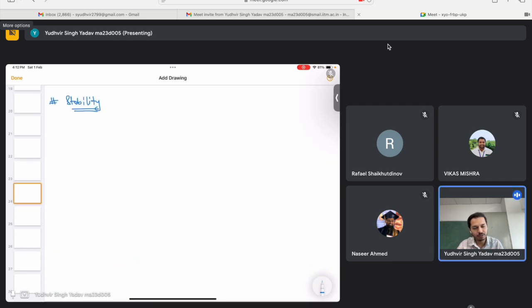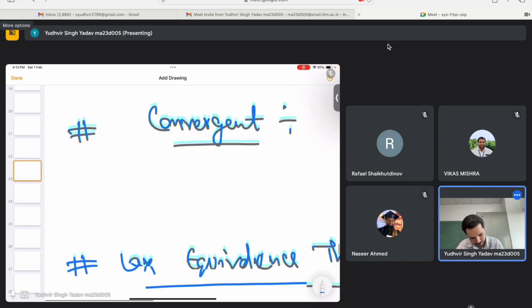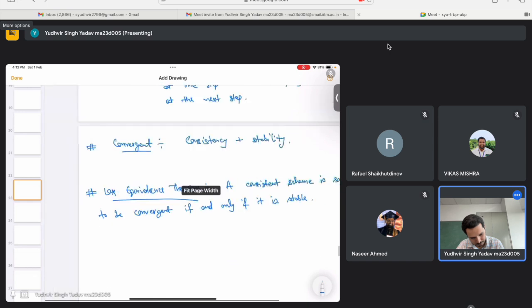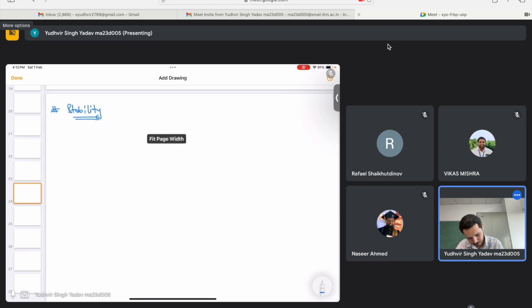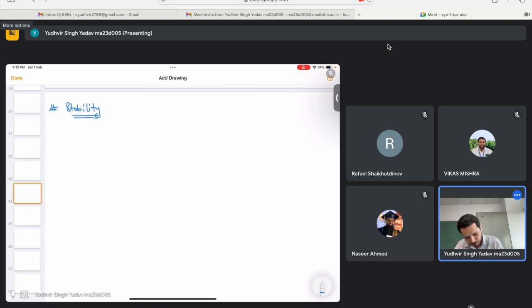So for stability, we will use the von Neumann stability analysis, where we consider the solution of the form U(p,q). It is the same as U(i,j), but for clarity we have taken U(p,q). That is nothing but ξ^q e^(iβph).